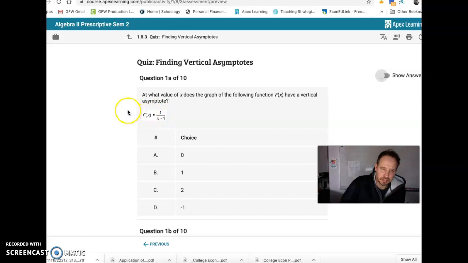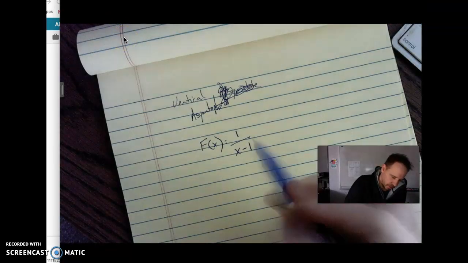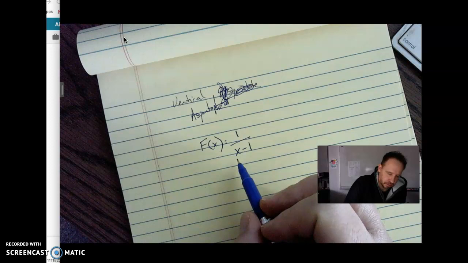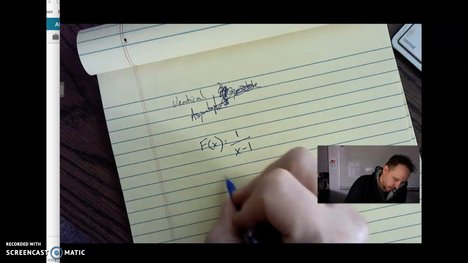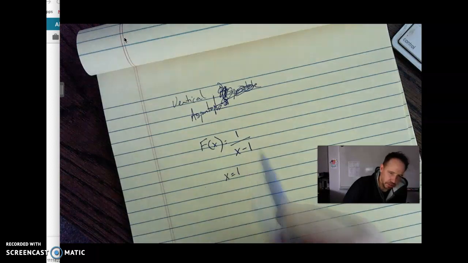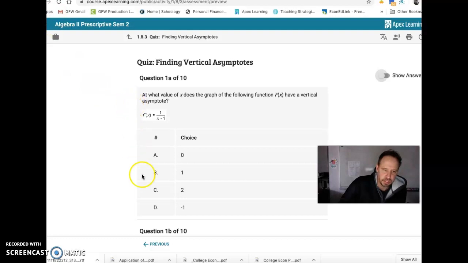So for these, and this is I think one of the possible questions that you could have on your first quiz, you have to look at essentially what is going to give you a denominator of 0. So just looking at this, if x is equal to 1, 1 minus 1 gives you a denominator of 0. Your answer is going to be B.